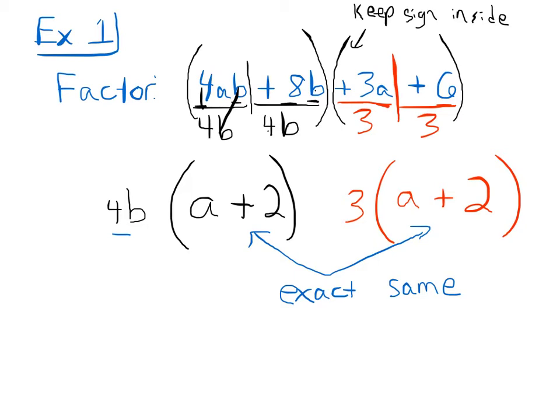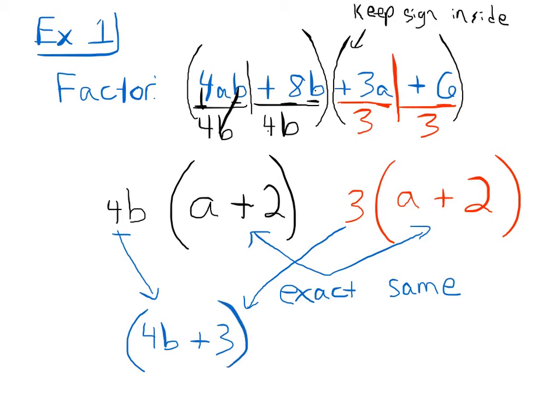So all we have to do now is what I like to call basically just hug our GCFs. So our 4b and our positive 3, we're going to bring together, and they're going to hug or come together in one binomial. So it's a 4b and it's a positive 3.